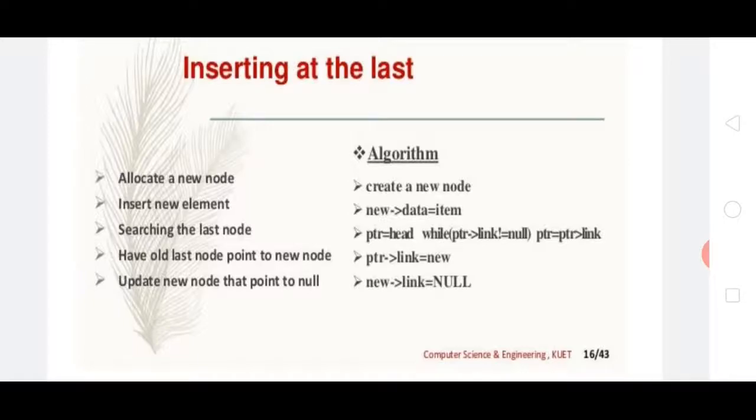The next statement is ptr->link = new, meaning the newly created node address is assigned to the ptr->link or next node. Last statement, new->link or next is equal to null, which assigns the null pointer.